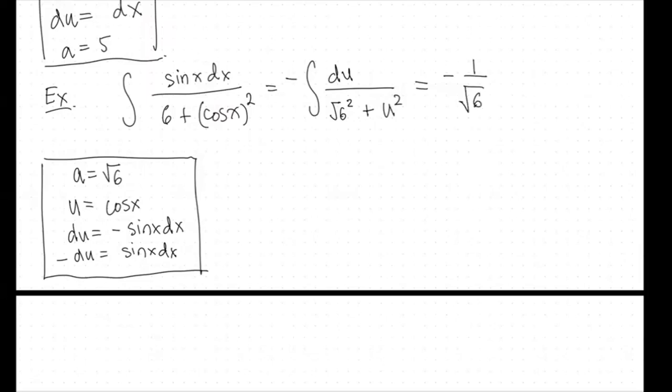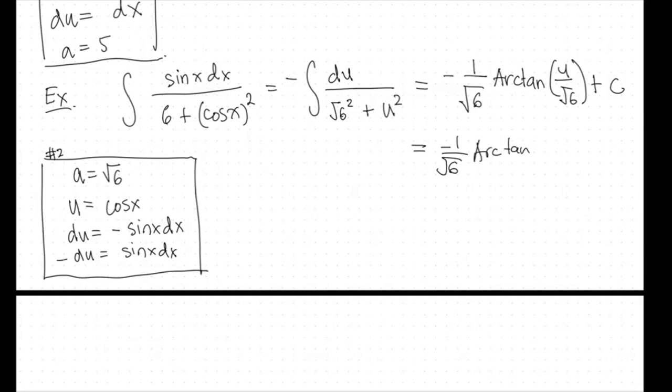And then this is number 2, the arctan. So arctan of u over square root of 6 plus c. And again, as we have done before, you have to write this in terms of the variable x. So u is originally cosine of x, over square root of 6, and then plus constant c. Any question on this example?